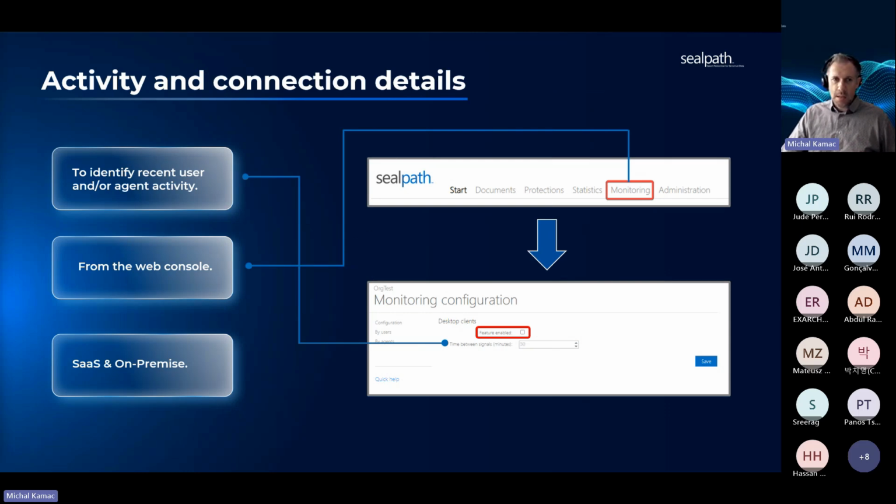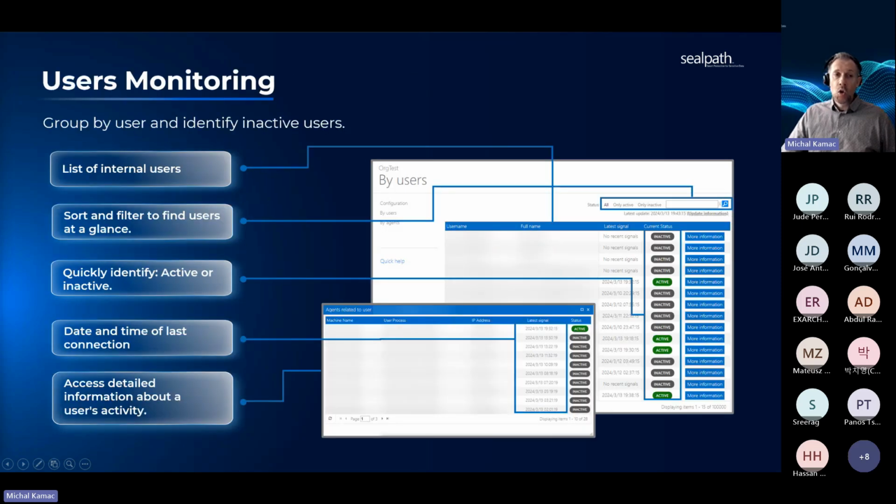Okay, so once this is activated here, you see monitoring shows up in the menu. You can enable this feature here. And then you have two views. First, you can see your active users, active, inactive, and when the last activity was registered.